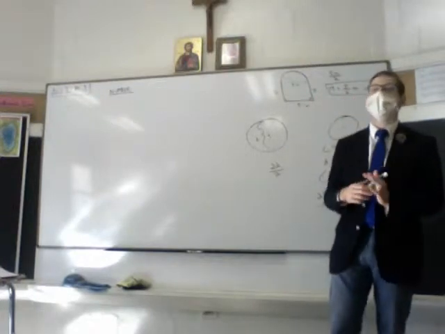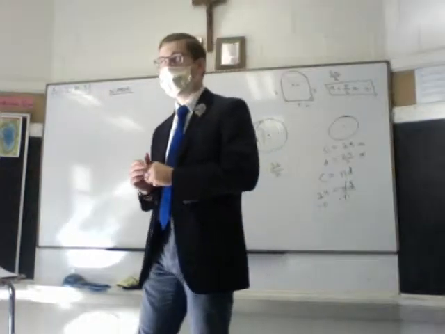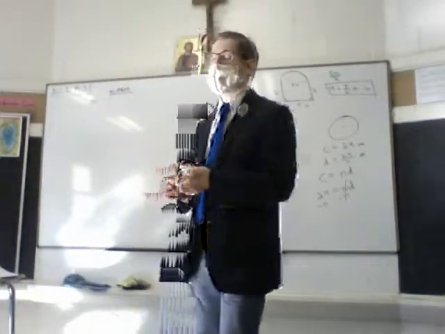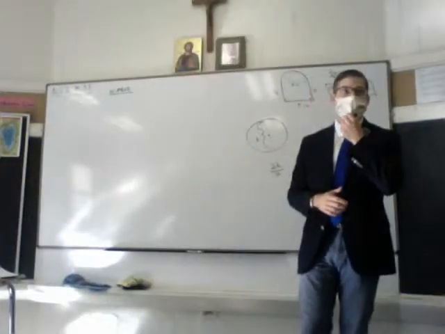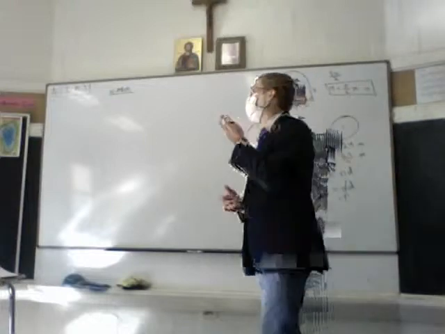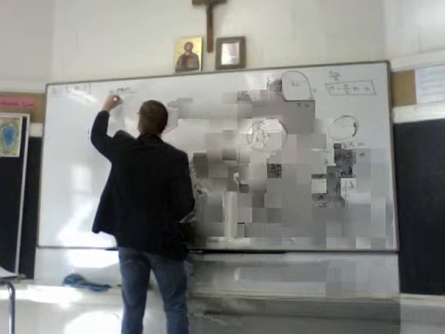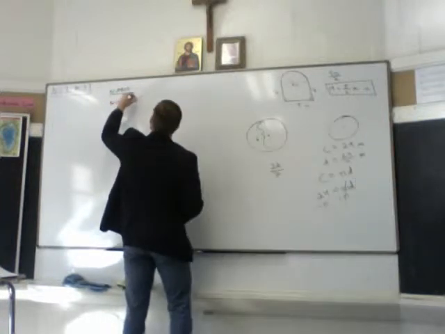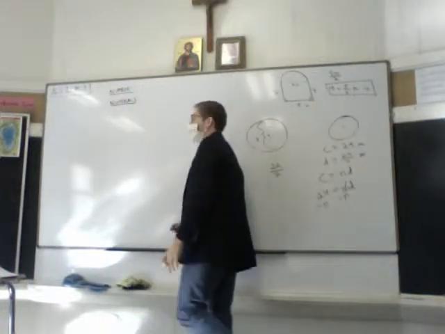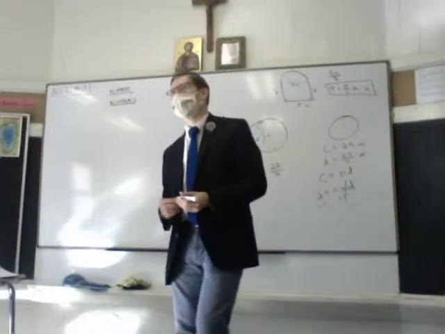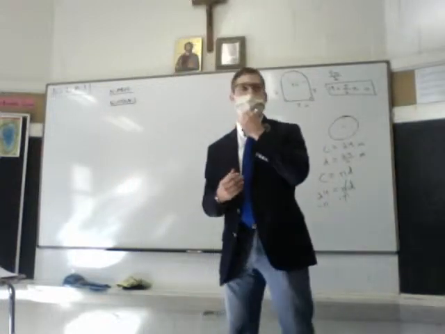We see things. Numbers are not the sort of things that we can see. They exist, but we can't see them. What we can see is numerals. A number is, now they say an idea here, I don't really like that term for it.